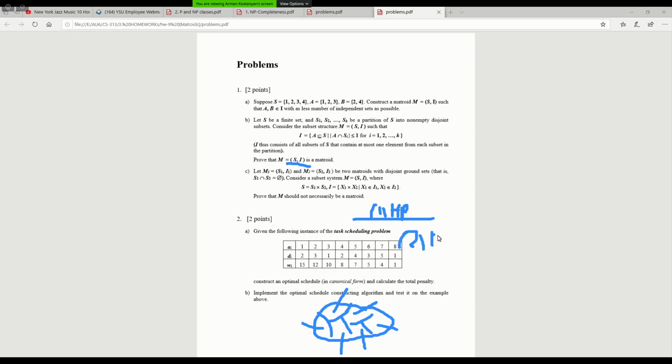This property means that if we have two selections, for example A and B, such that the size of A is strictly less than the size of B, we can extend A by adding an element from B. What does it mean that the size of A is less than the size of B? It means that selection A consists of fewer elements than selection B. In that case, we obviously can.